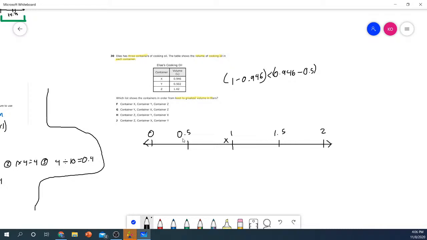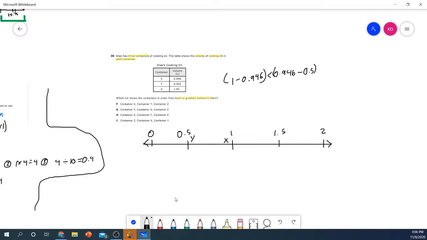So that is closer to 0.5 than to 1. And keep in mind, it's still in between 0.5 and 1, since 0.9 is greater than 0.5 but less than 1. So Y would be right here, and then Z, we see that's 1.